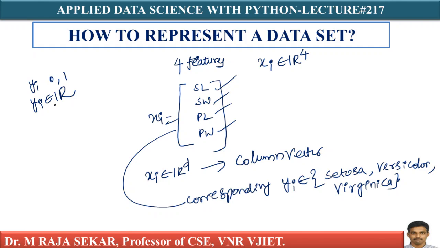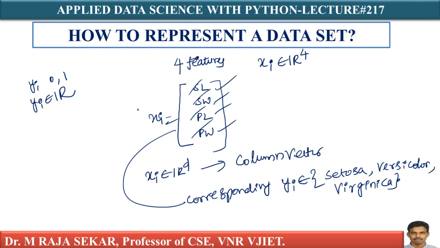We will see these things in future classes. In the iris data set, everything is a real value, because sepal length, sepal width, petal length, petal width are all real values. We will see more variations of data.